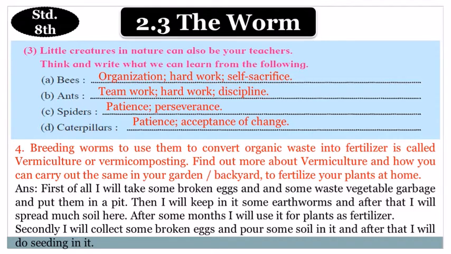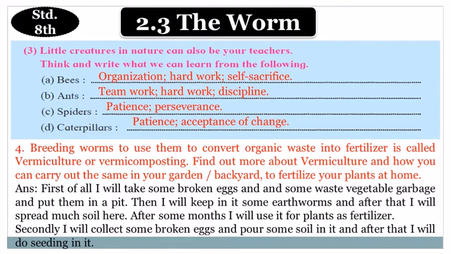Number 4. Breeding worms to use them to convert organic waste into fertilizer is called vermiculture or vermicomposting. Find out more about vermiculture and how you can carry out the same in your garden or backyard to fertilize your plants at home.